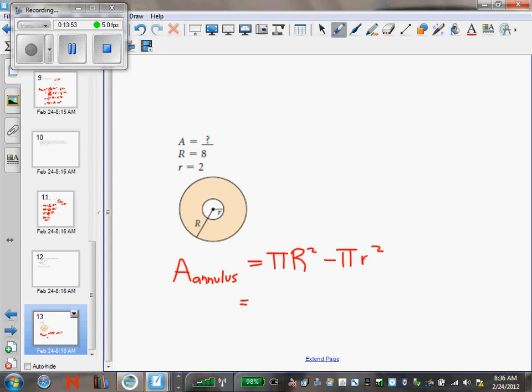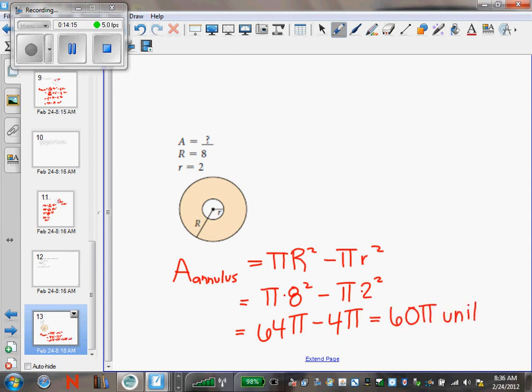Big R is given to be 8, so it's pi 8 squared. Little r is given to be 2. So we say minus pi times 2 squared. So 8 squared is 64 pi minus 4 pi for an answer of 60 pi units squared.